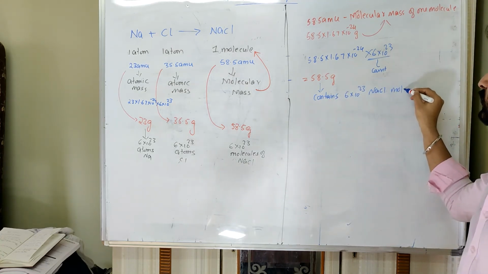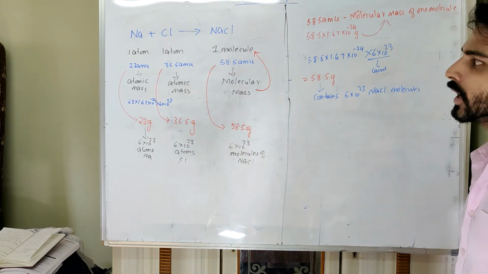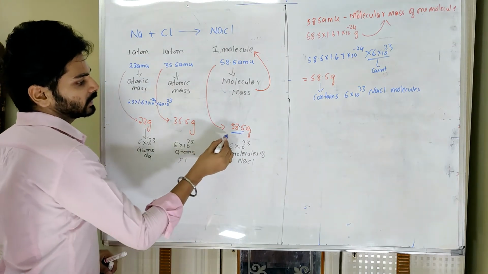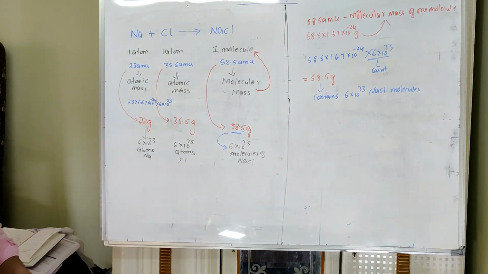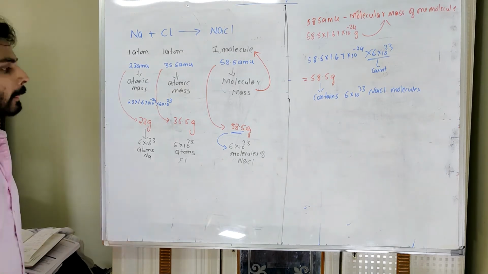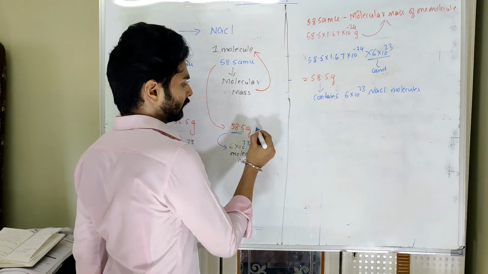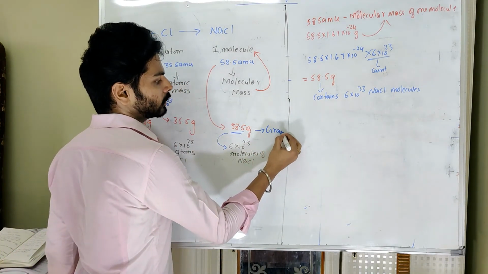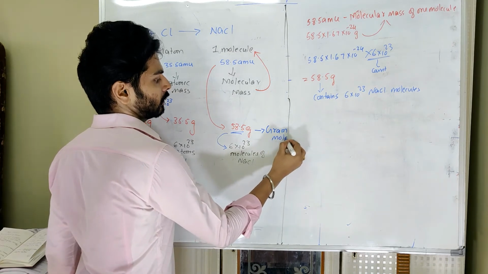In short, whenever molecular mass is represented in terms of gram, it has to contain 6 into 10 raised to 23 molecules of that, because in the case of a compound, it is molecules. So this particular 58.5 gram is called gram molecular mass.